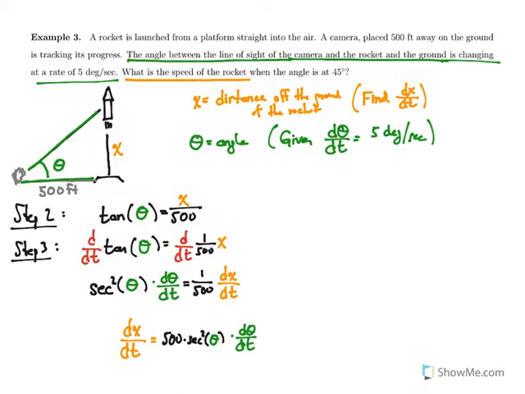All right, we know that theta is going to be 45 degrees, and we know that d theta dt is changing at 5 degrees per second.